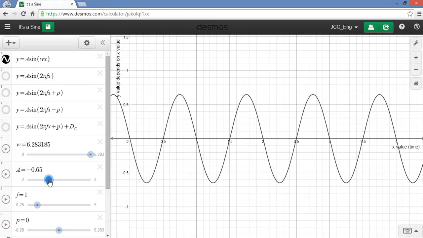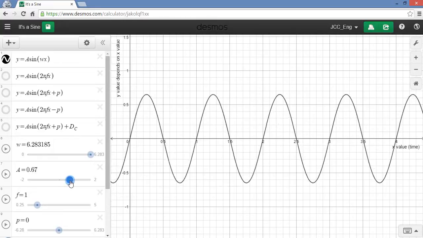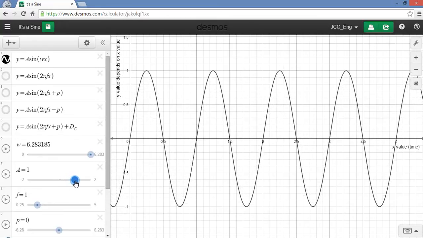It starts going negative first, because the amplitude, as this equation sees it, A is negative, so it's just an upside down sine wave. But the most common ones, that I find, are where you've got a positive amplitude. That's your fundamental sine wave, if you like. So that's what happens as the amplitude changes.